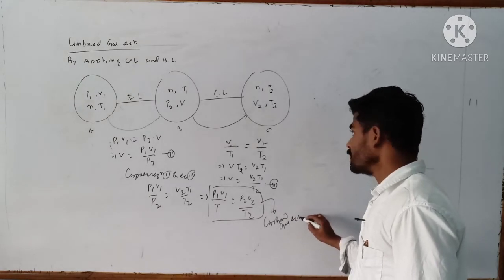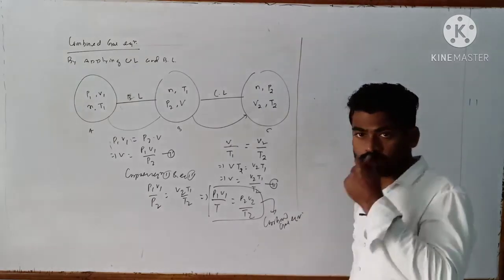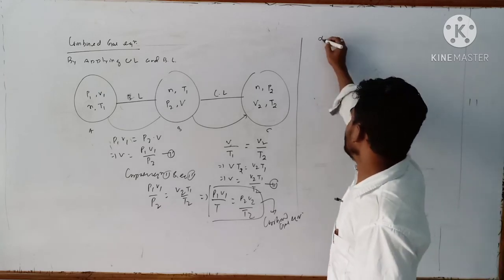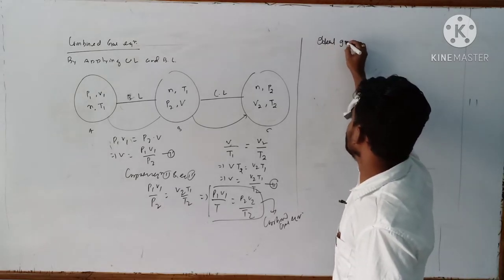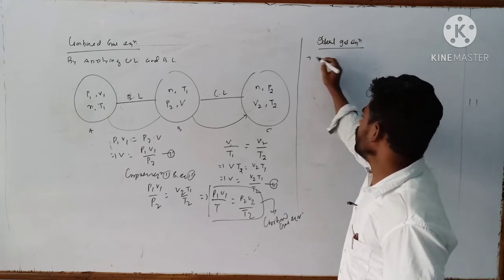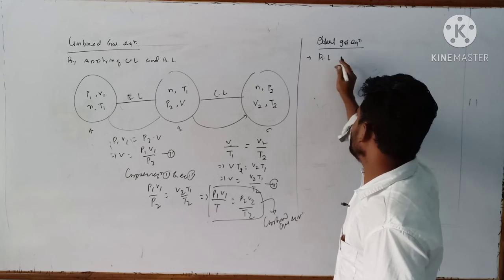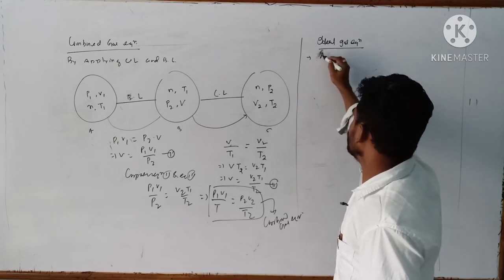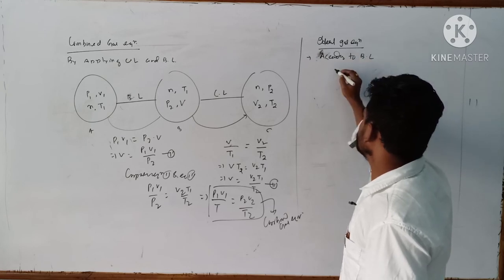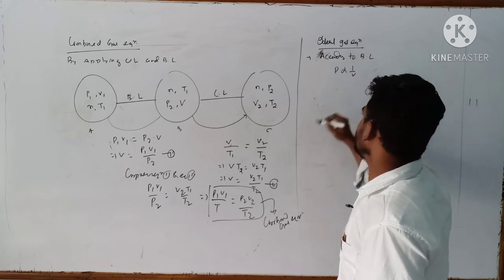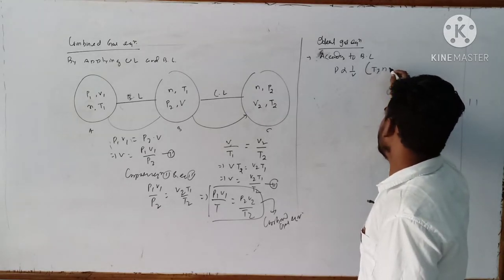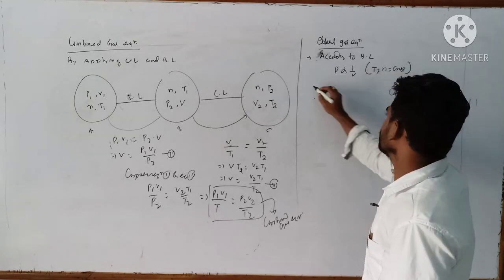Next, very important, which I have taken several times, is the ideal gas equation. You can find out the ideal gas equation from Boyle's law. According to Boyle's law, P is inversely proportional to V, where T and N are constants.